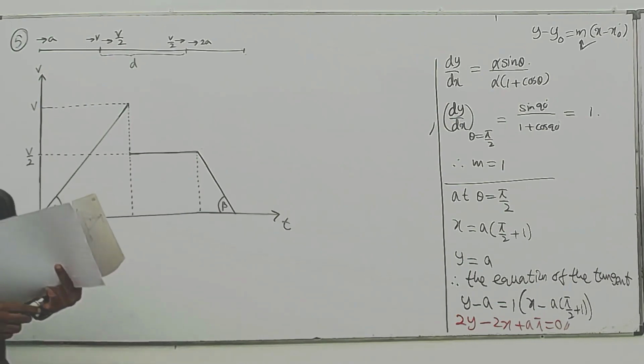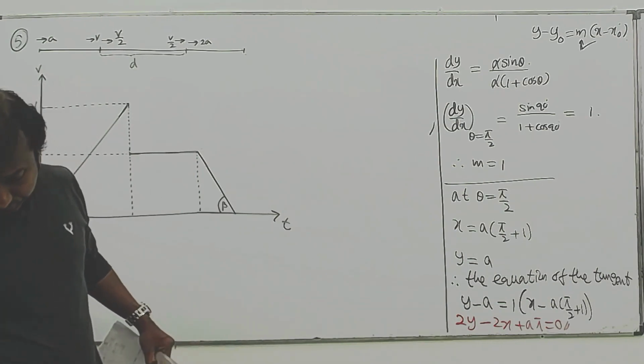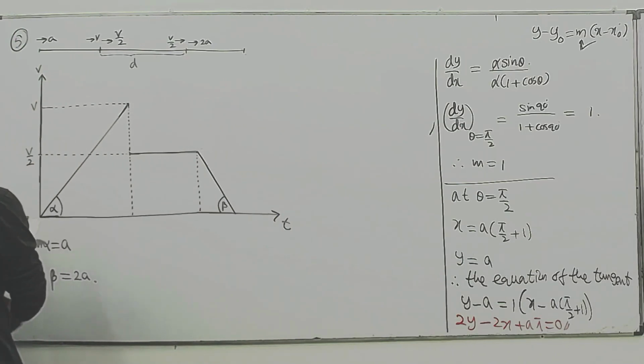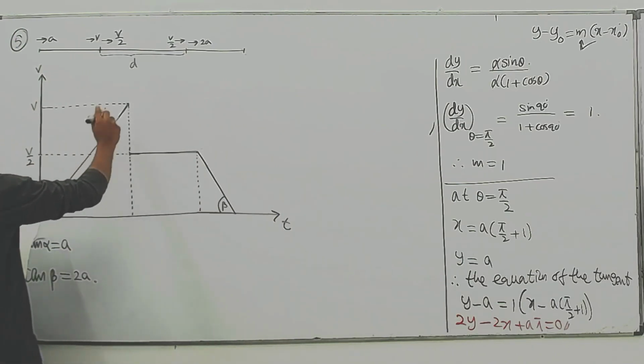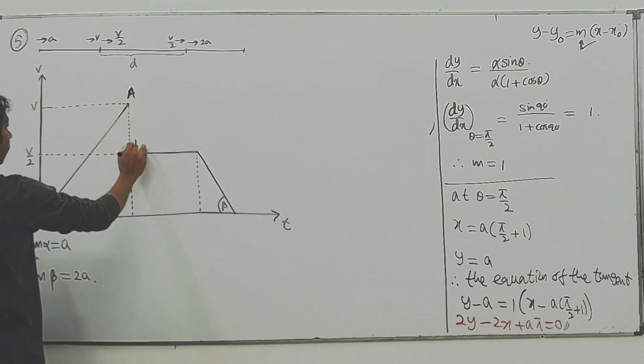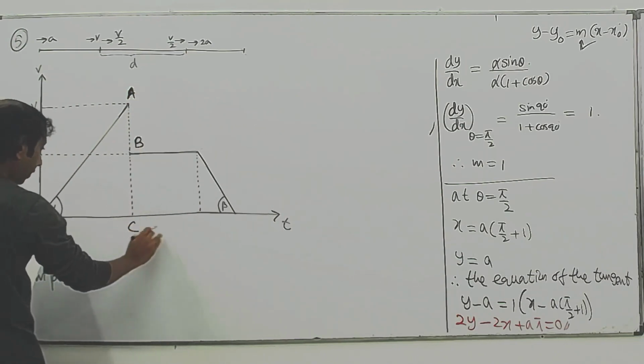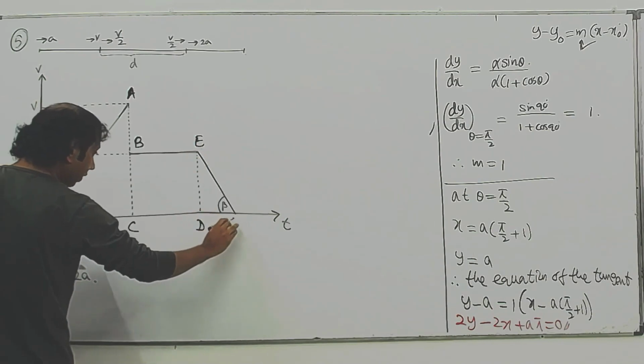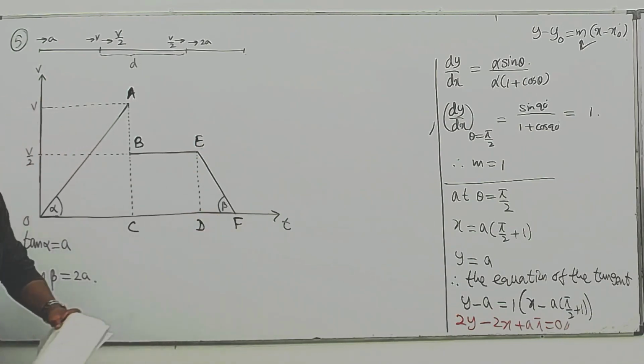If I mark them like this, suppose this is O, this is A, this point is B, C, D, E, and let us take this as F. Then we can now write the rest down.